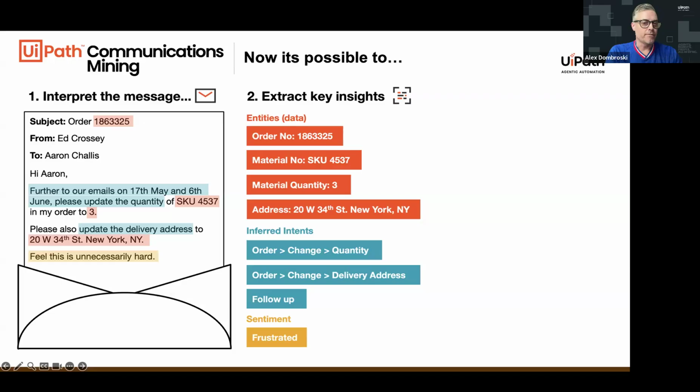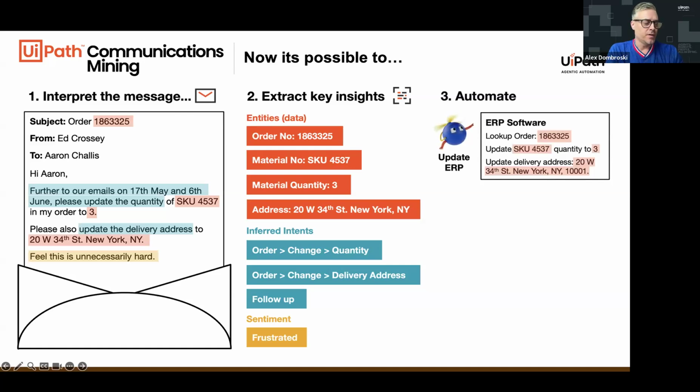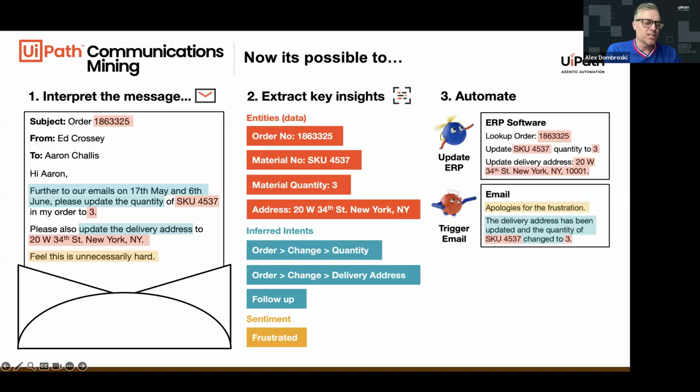So the point here is that you have a lot of flexibility to identify the data that is most important, to identify what the author is trying to get done, and then to use that to achieve a number of different goals downstream. You can automate the lookups within an ERP system to make the changes that are necessary. You might trigger an email that responds to the author to let them know that you're taking action.